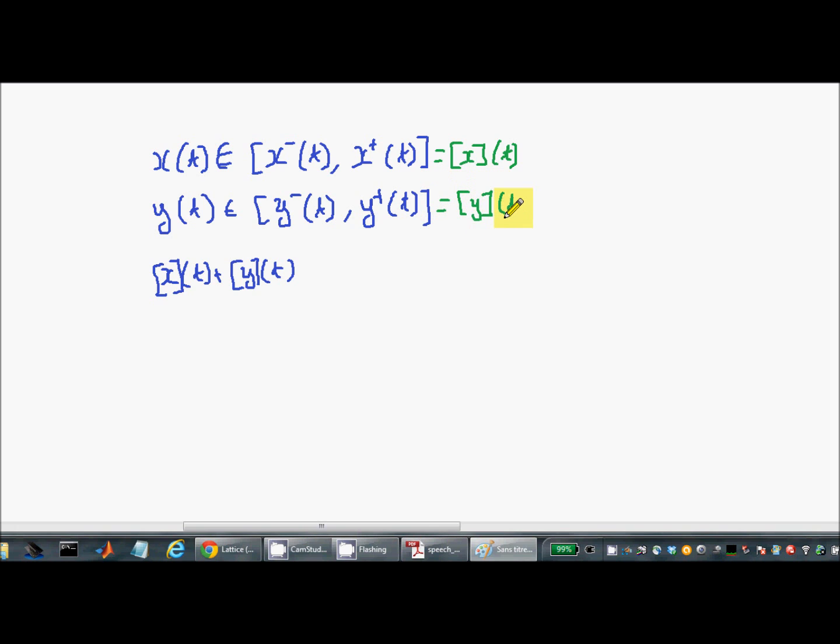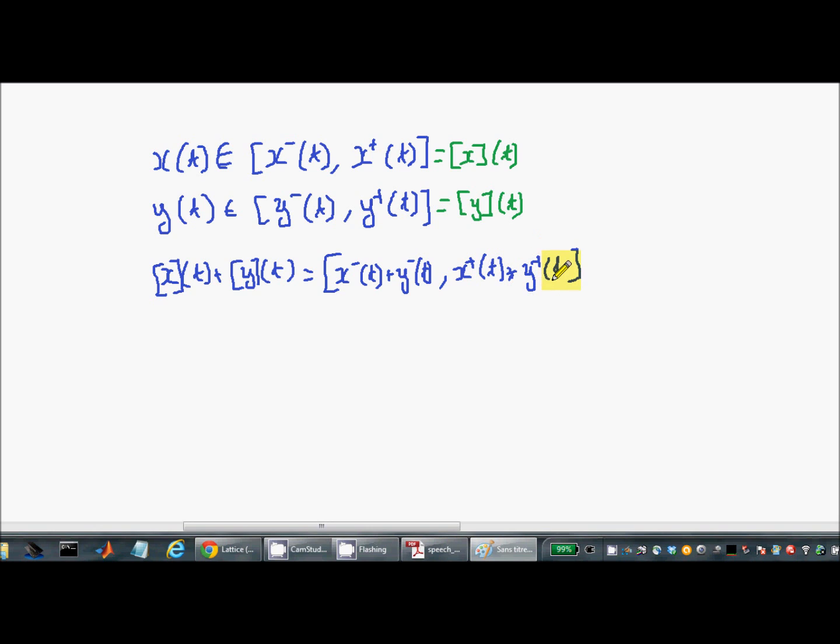So this will be equal to the tube [x minus of t plus y minus of t, x plus of t plus y plus of t].